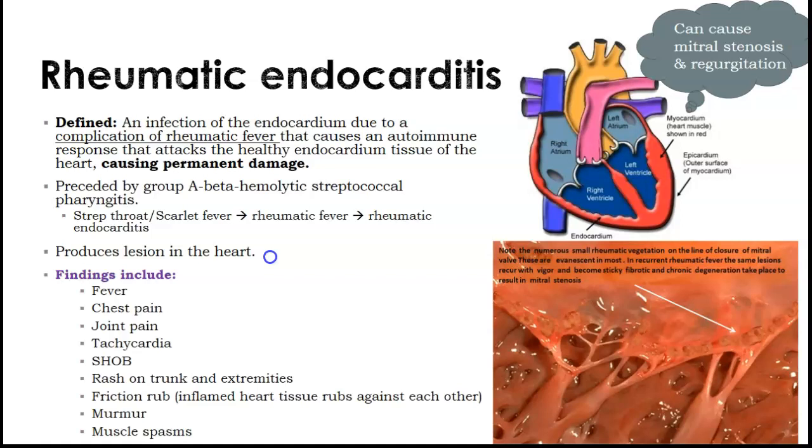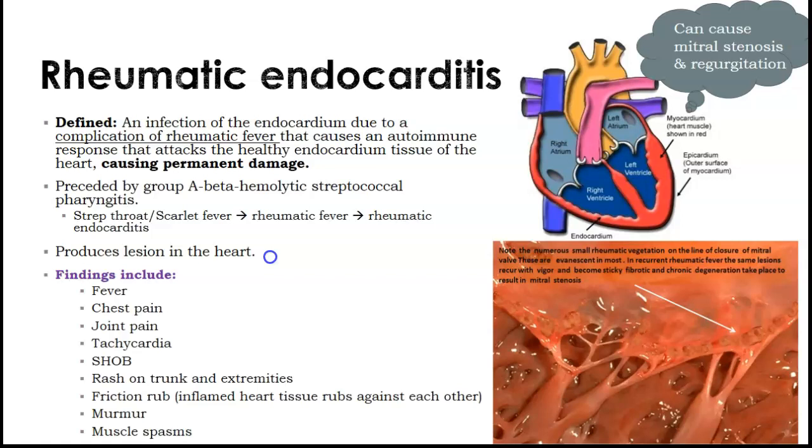Okay, so rheumatic endocarditis basically is an infection of the endocardium due to a complication of rheumatic fever that causes an autoimmune response that attacks the healthy endocardium tissue of the heart, causing permanent damage.